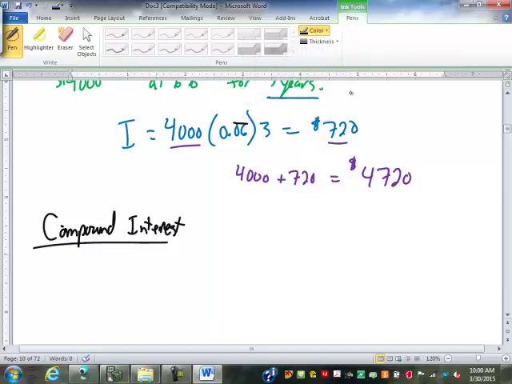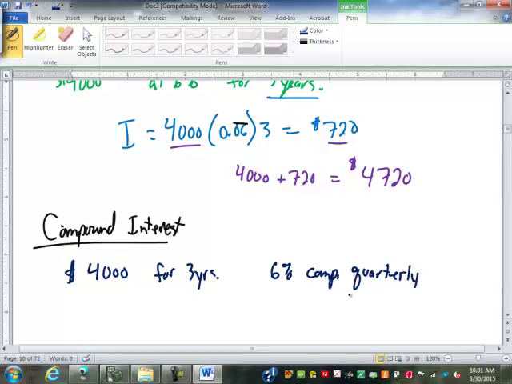Compound interest is where every so long of a period of time, they figure out the interest and they add it in. So for example, let's look at that same example, $4,000, still for 3 years, but this time the interest is 6% compounded quarterly.